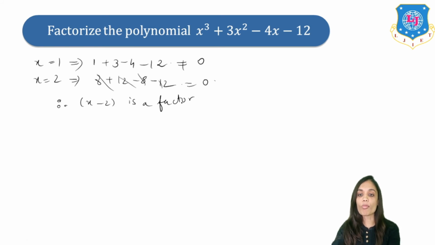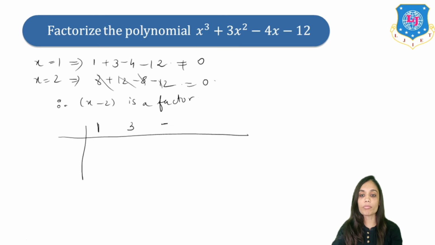Now let us make that box and use synthetic division. Firstly, write the coefficients. They are 1, 3, minus 4, minus 12. Put our first root, that is x is equal to 2. Put 0 over here. Now we have to add over here, multiply over here. 1 plus 0, so 1. Multiply 2 into 1.